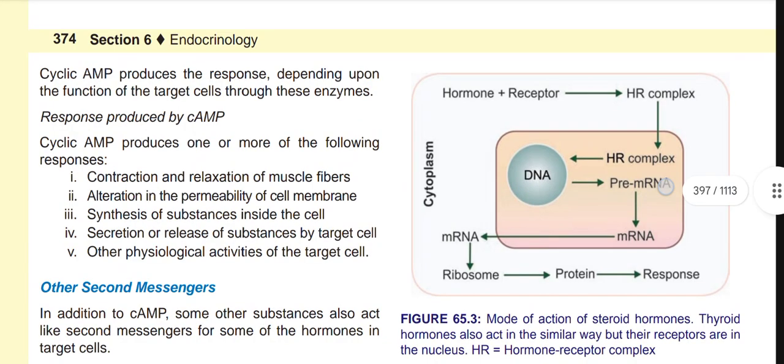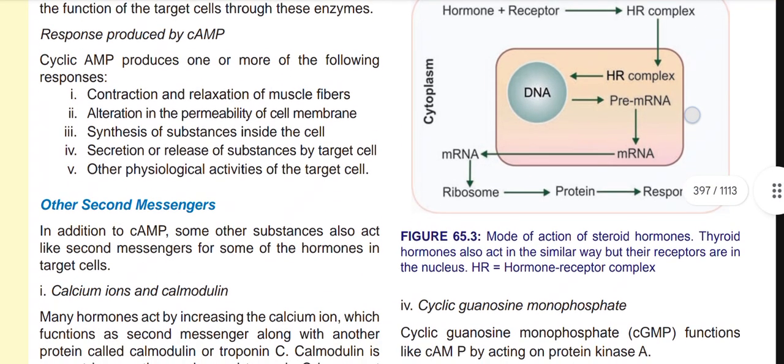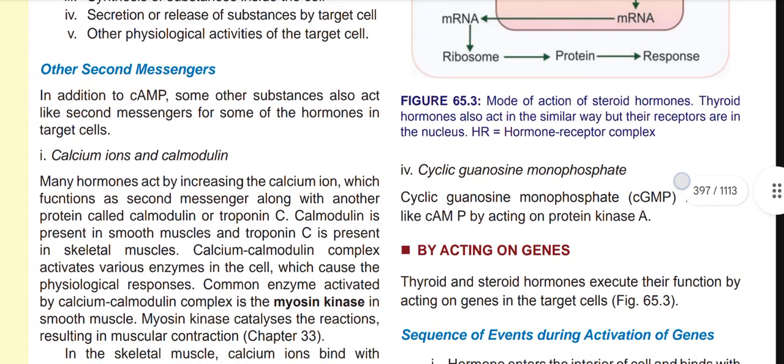So what happens there? Hormone and receptor come, HR complex formation, HR complex acts on DNA, then pre-mRNA, then mRNA, then ribosome, then protein, then response. This is the mode of steroid hormones, and thyroid hormones also act in a similar way, but their receptors are present in the nucleus.